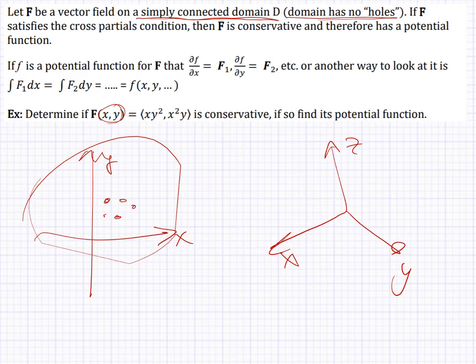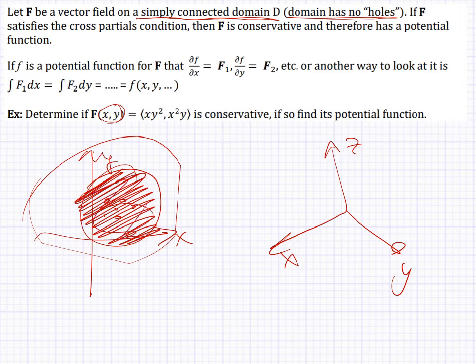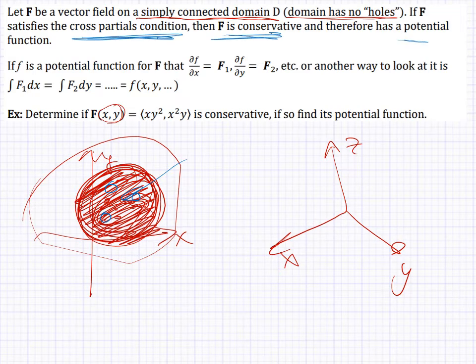All these points are in the domain. We kind of look at them as an area, and the area is all the points filled in, okay? So all those points that make up this space are in my domain. I'm not, say, missing this point or missing this point or missing this point. So a simply connected domain is a domain with no holes in it, okay? So if f satisfies the cross partials, meaning that it's conservative, then we're going to say it has a potential function, okay, over that simply connected domain.